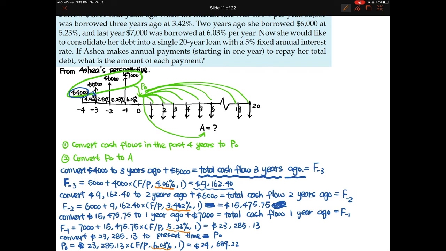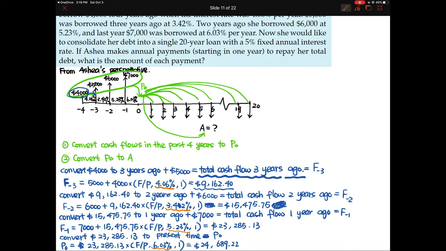But you need to understand, if you have various interest rates going on every year, the way you calculate is you need to calculate year by year. You convert the cash flow from previous year to the next year with that year's interest rate, and then you plus the cash flow already happening in that next year, and then you convert that total amount to another next year.